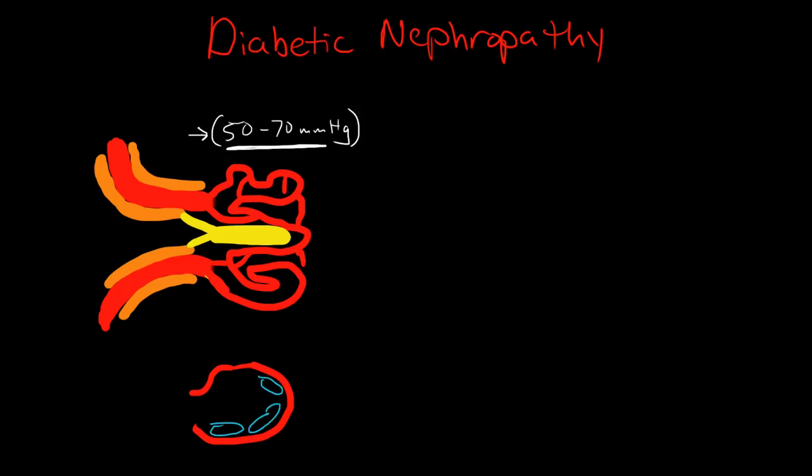and then, well, the red we'll pretend is a basement membrane, although it's much thicker than it would be. And then, obviously we have our podocytes on the outside.